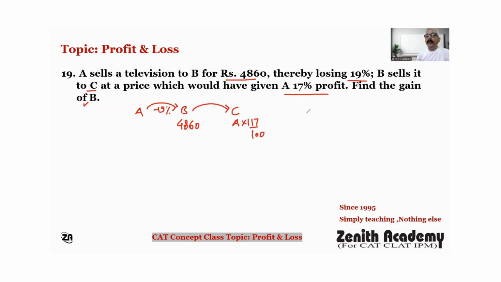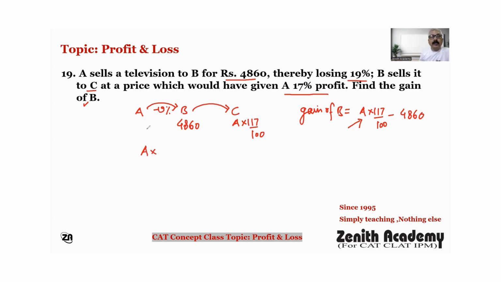So find the gain of B. So gain of B will be A into 117 by 100 minus 4860. So now the value of A is required here. A sells the television to B at a loss of 19%.